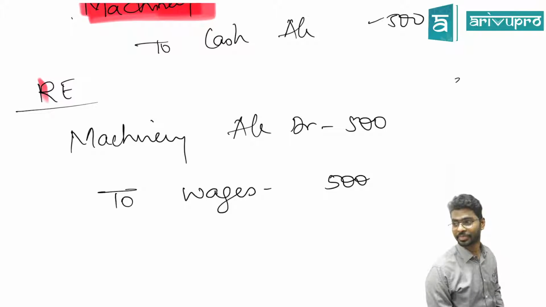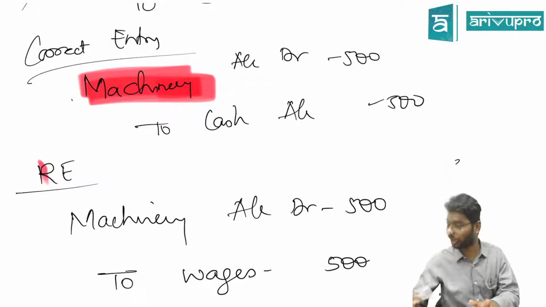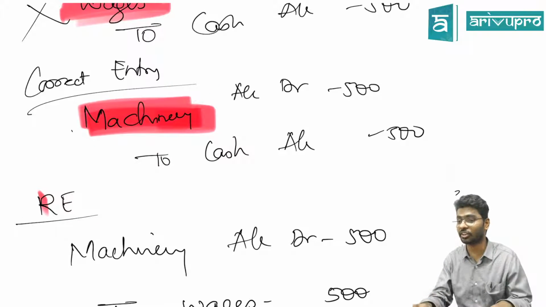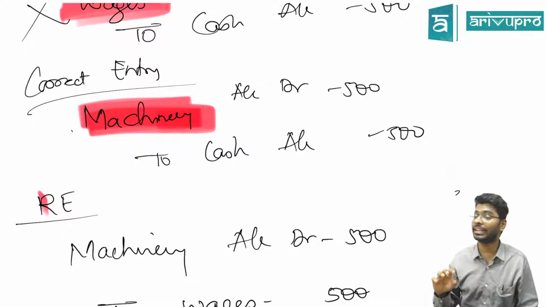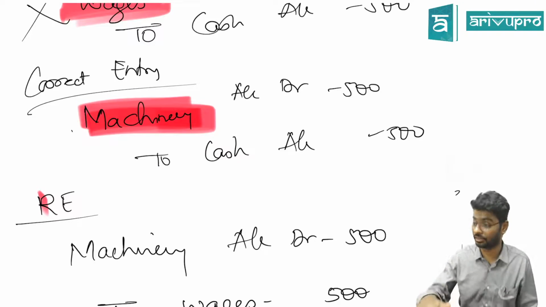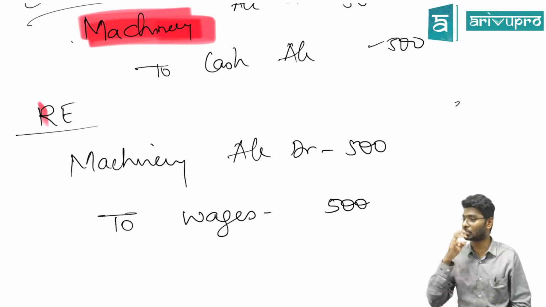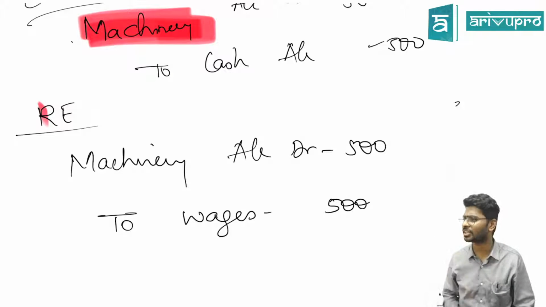Done till here? Okay, now you understood this rectification of error. So, a few questions. Did a suspense account come here when I passed a rectification entry? Only if the rectification has a suspense account, only when my trial balance does not tally. Here it is tallying. Therefore, suspense account won't come.